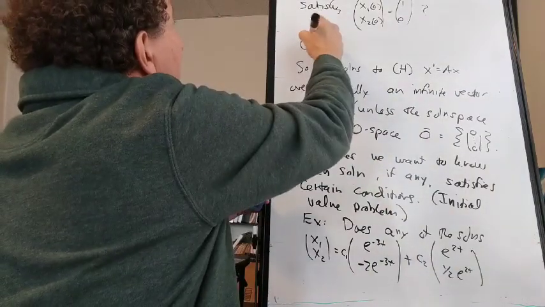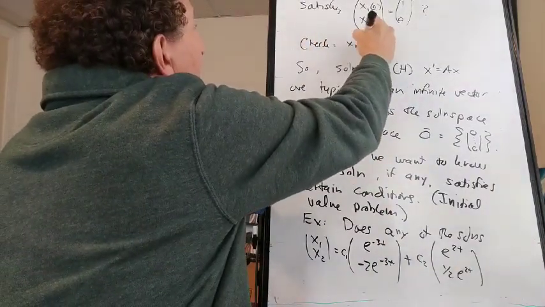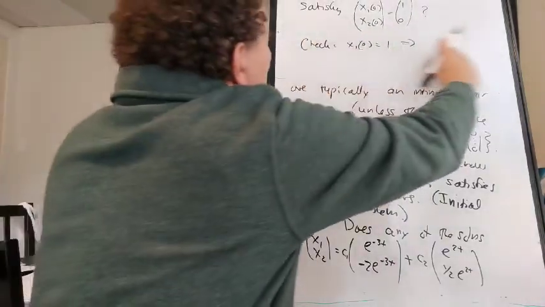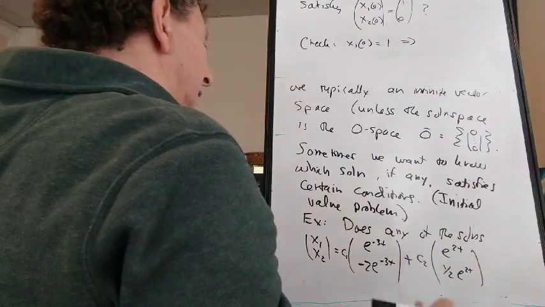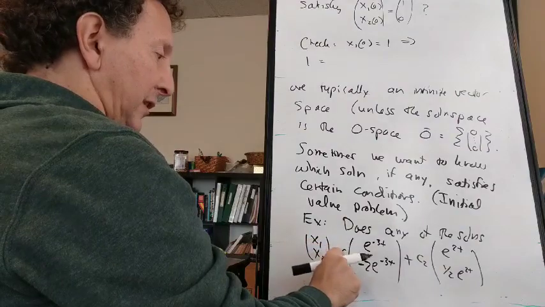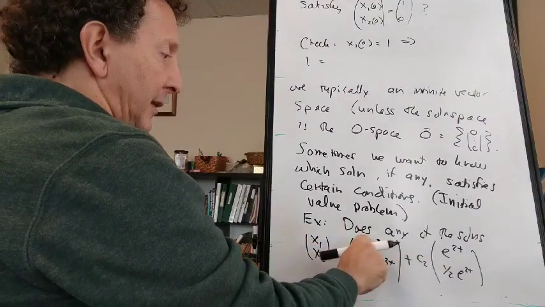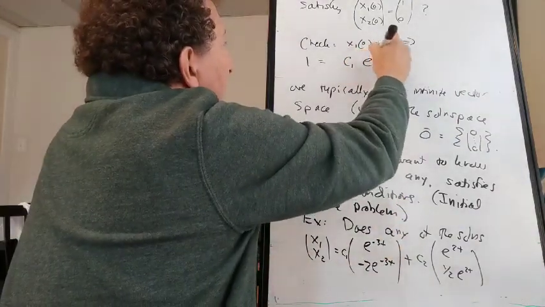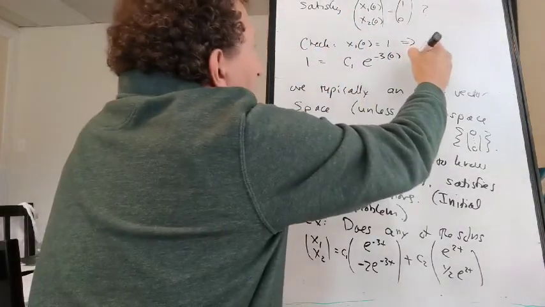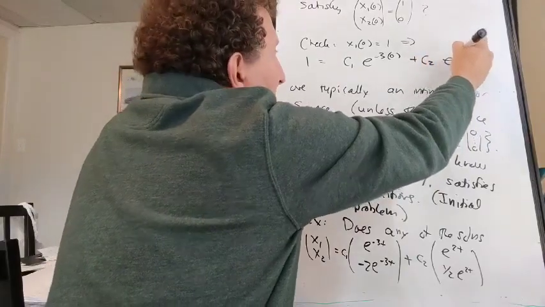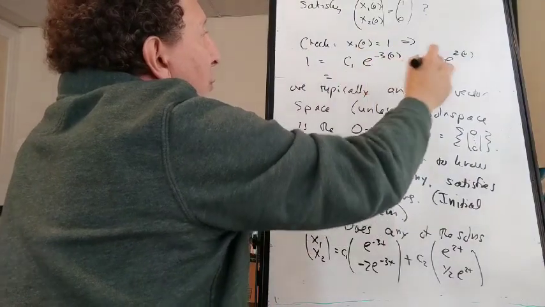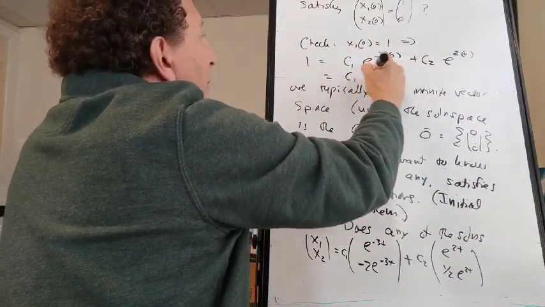Let's check. x1 of 0 equals 1 means that 1 is equal to, let's see, x1 is going to be c1 e to the negative 3 times 0, because we're plugging in t equals 0, plus c2 e to the 2 times 0. Now e to the 0 is just 1, so this is just saying that 1 equals c1 plus c2.